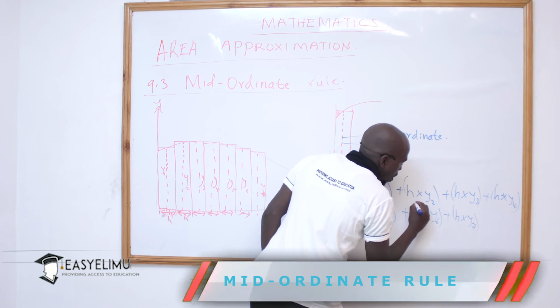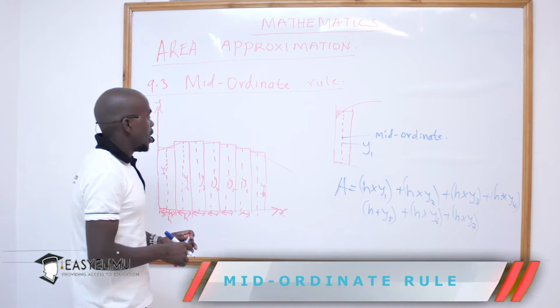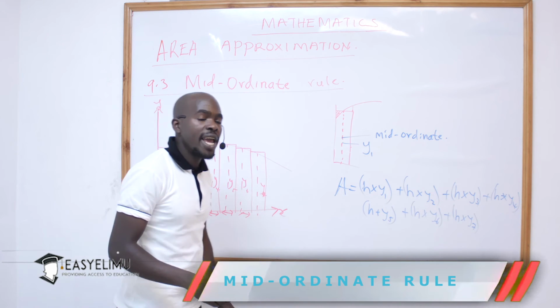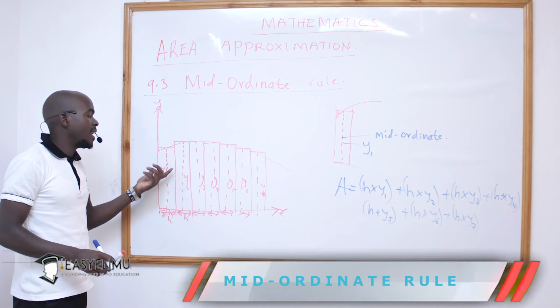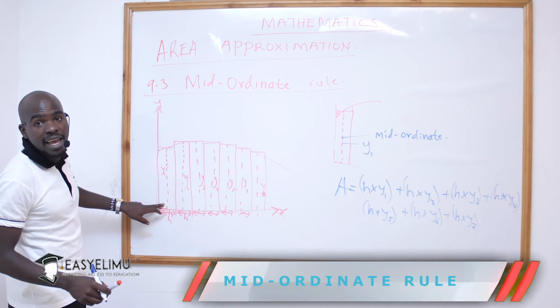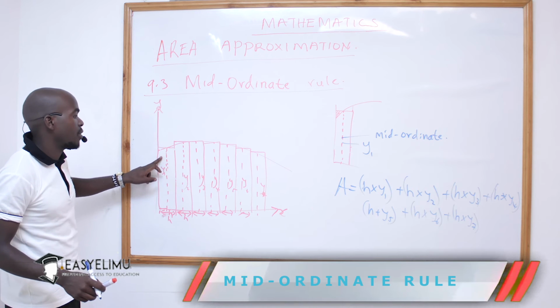That's the last one. Each of these is the area of the given rectangle, using the mid-ordinate as the length of that rectangle.